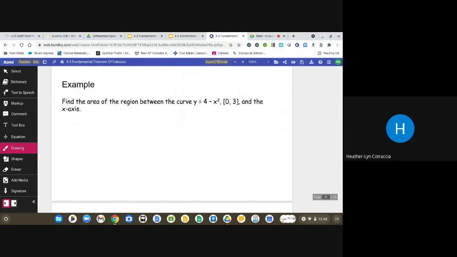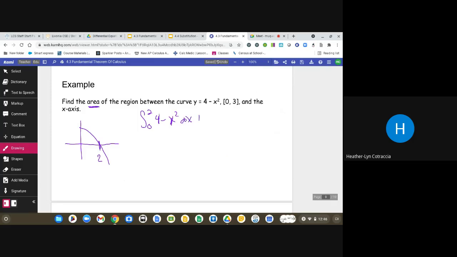Same thing for this one. This one's a little trickier because this one says specifically find the area. It's not just the integral. So what we want to do for this is, areas always have to be positive. So we're going to find out where it crosses, which is at 2. I'm going to do 2 separate integrals here. I'm going to do the integral from 0 to 2 of 4 minus x squared dx.